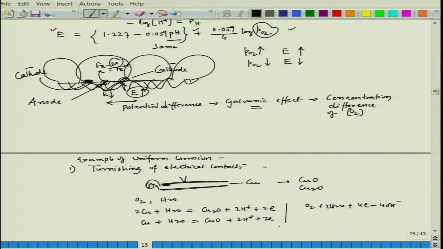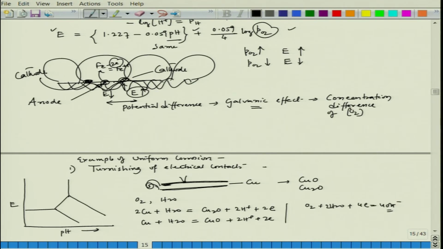Now, everything can be clubbed together, and we can have a Pourbaix diagram of copper. The diagram looks like this, and this pH and this OH, do not get confused with the OH minus.